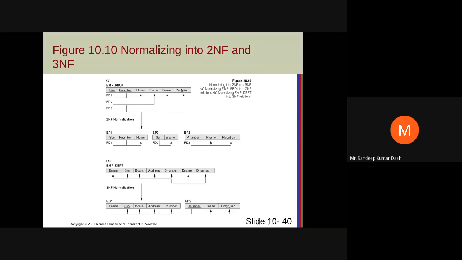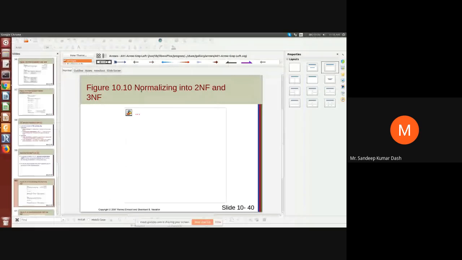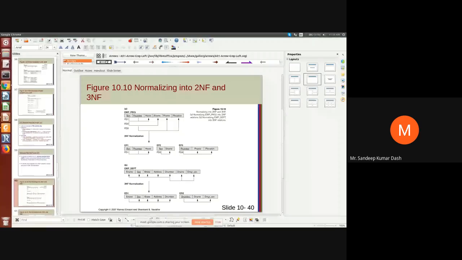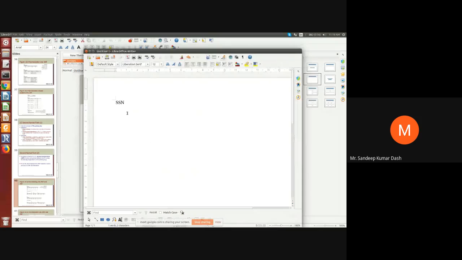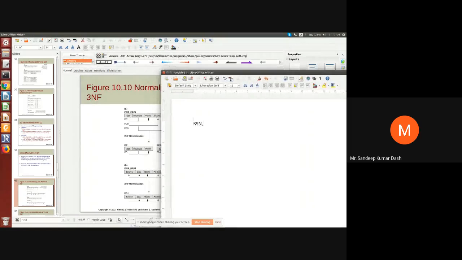Now this is functional dependency 1, which says that SSN, P number determines hours. It will be represented like this: SSN, P number determines hours.